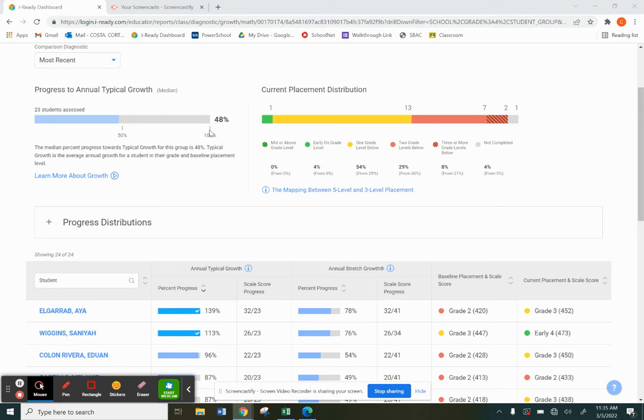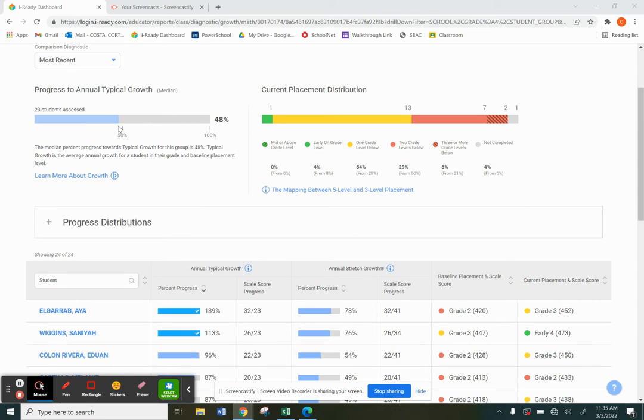So that 48% is representing the student in the center of my class. That means half of the class grew more than 48% of the way towards their goal. Half of the class grew less than 48% of the way towards their goal.